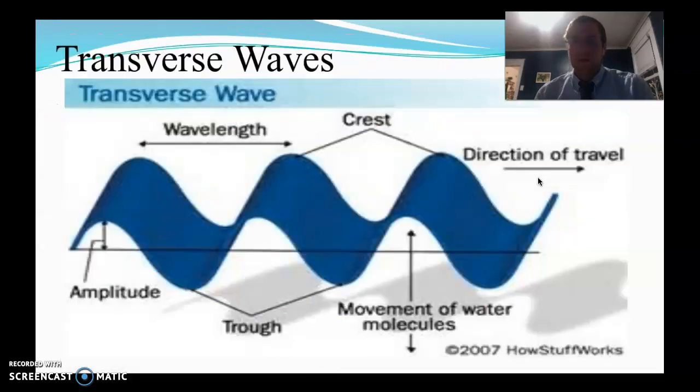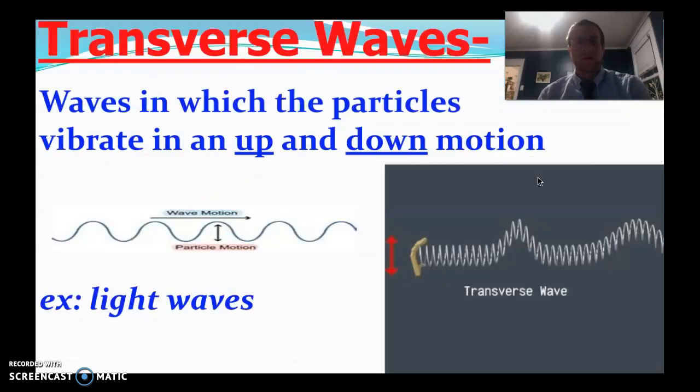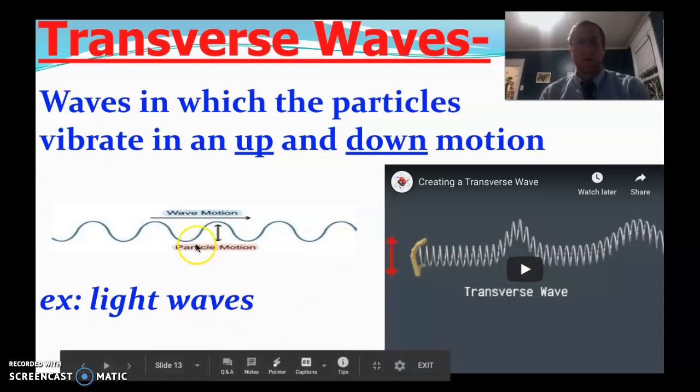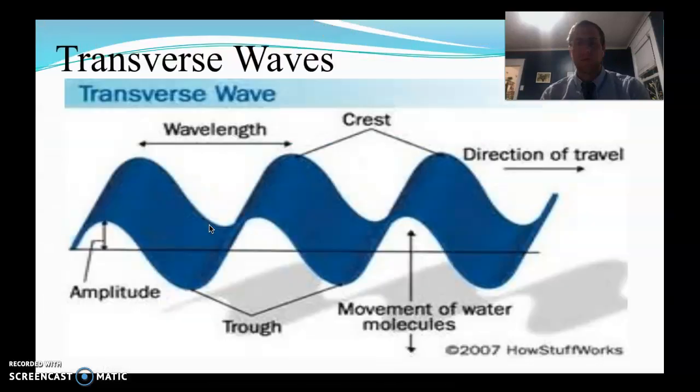In any case, we just got done talking about classifying waves by shape. Really, transverse waves are up and down vibrations, which cause energy to move in a certain direction. It's actually perpendicular to the direction of the vibration or the disturbance.